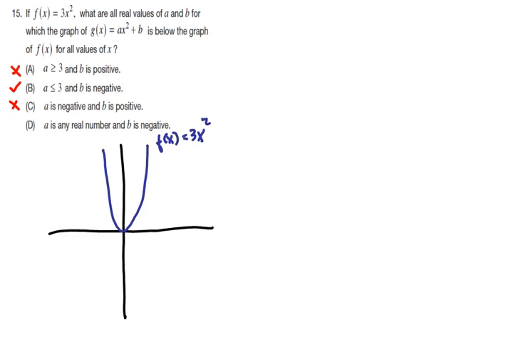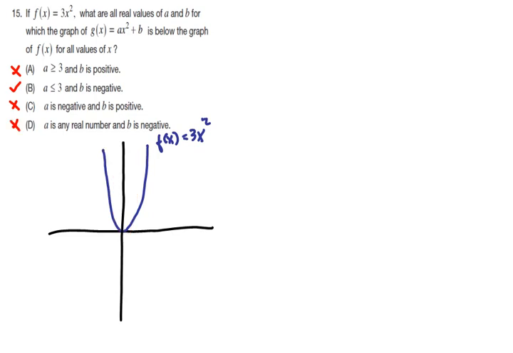So a can't be any real number. If a is greater than 3, then eventually it would intersect. Even though b is negative and it's below the x-axis, if a were larger than 3, at some point it would intersect with the graph of 3x squared. So that can't be the answer either.